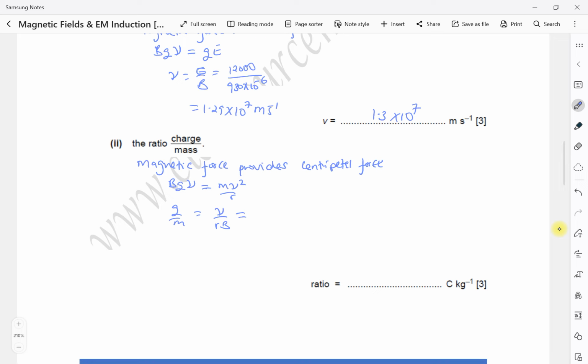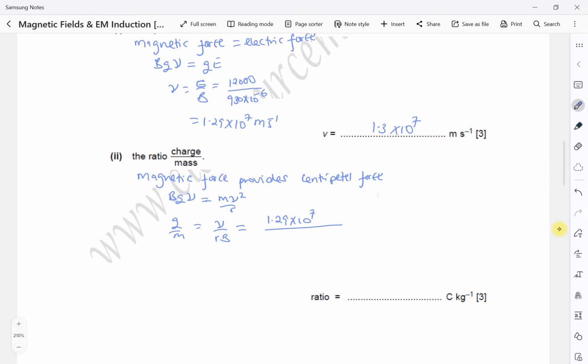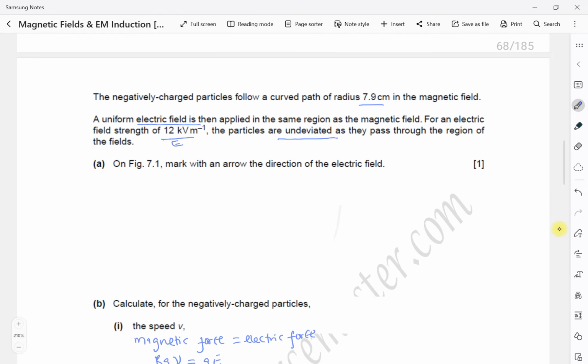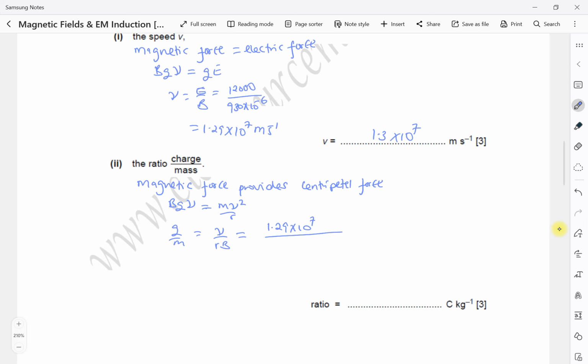So V was 1.29 times 10 to the power of 7. The radius R is 7.9 times 10 to the power of minus 2. And then B is 930 times 10 to the power of minus 6.